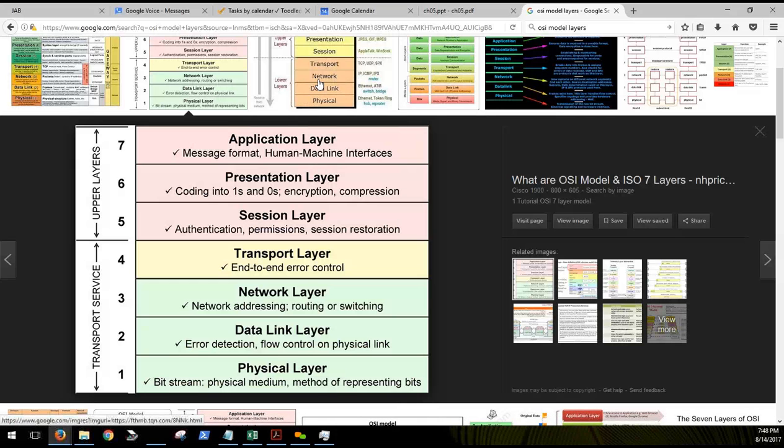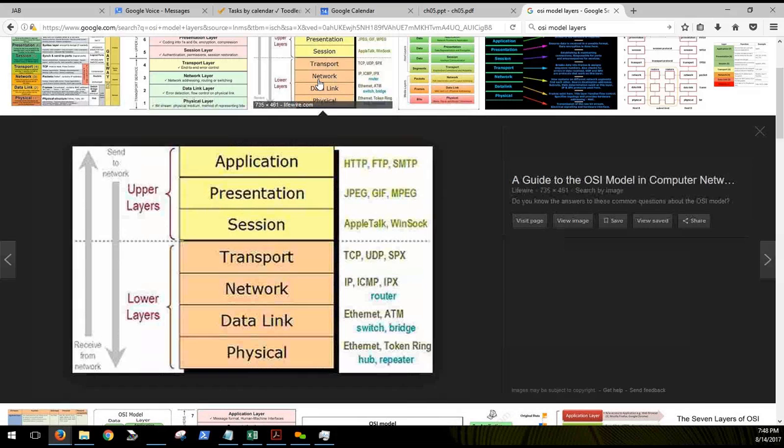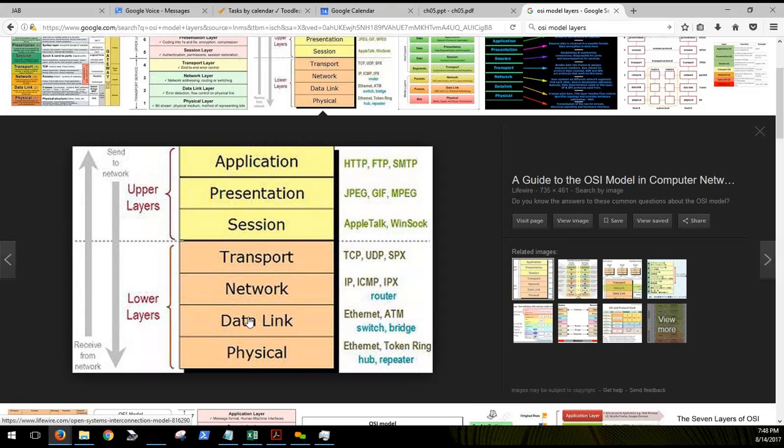Okay, very good. So let's look at another diagram. These are some of the different protocols. In the physical layer, we've got things like Ethernet and token ring, and devices such as hubs and repeaters.